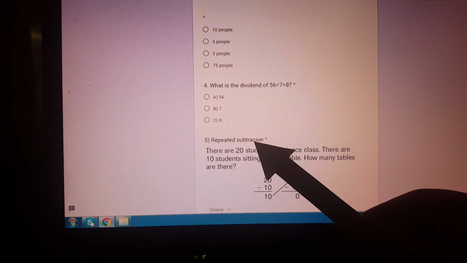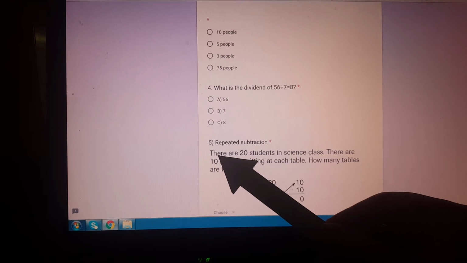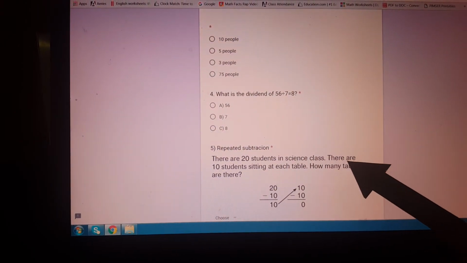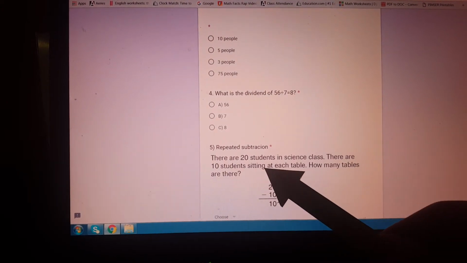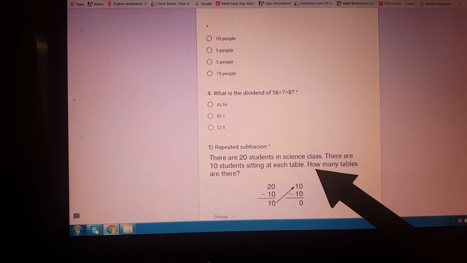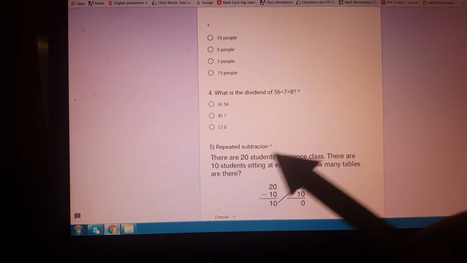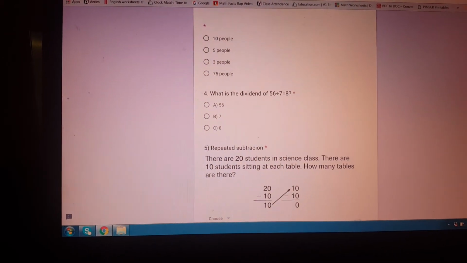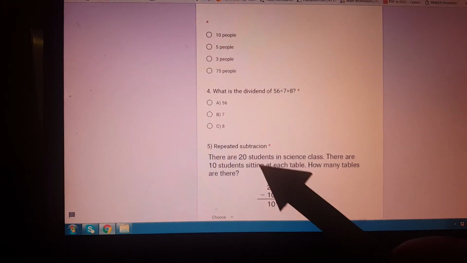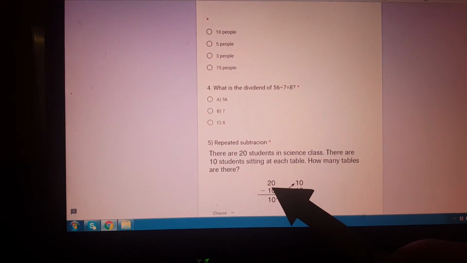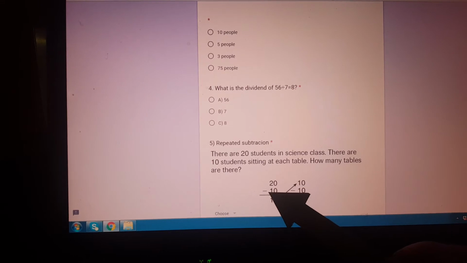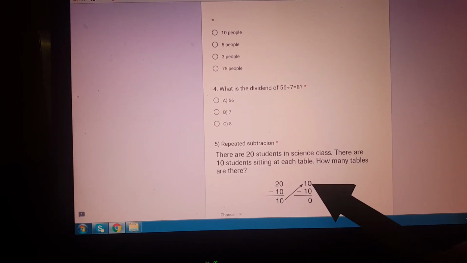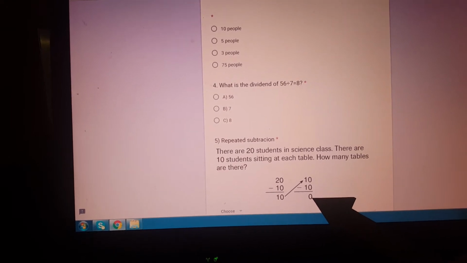This is a repeated subtraction problem. There are 20 students in science class. There are 10 students sitting at each table. How many tables are there? So here we see 20 minus 10 is 10. 10 minus 10 is 0.